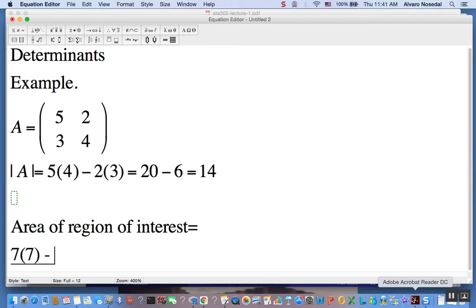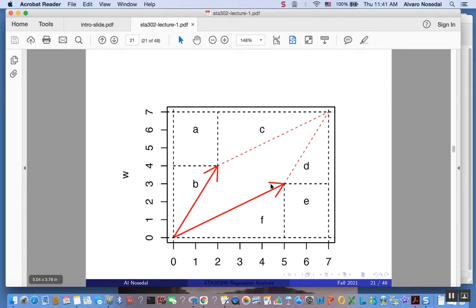Minus, we said we're going to remove the areas of these two rectangles, right? So note that the base is 2, the height is 3 for this one, base 2, height 3.